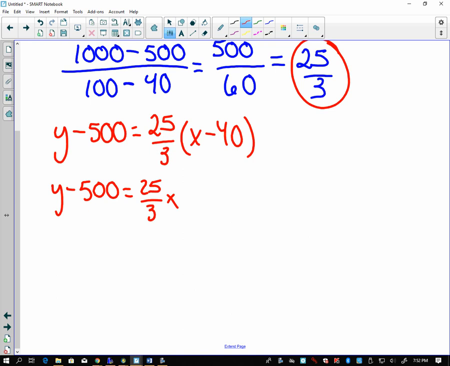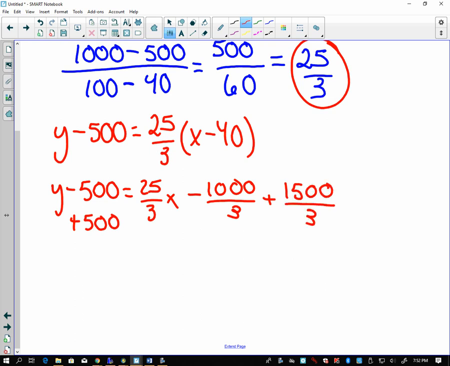That's just giving me minus 1,000 over 3. We want to add 500 to it, but to get that as something over 3, you multiply by 3, which is plus 1,500 over 3. So that's giving me y equals 25 thirds x plus 500 over 3.